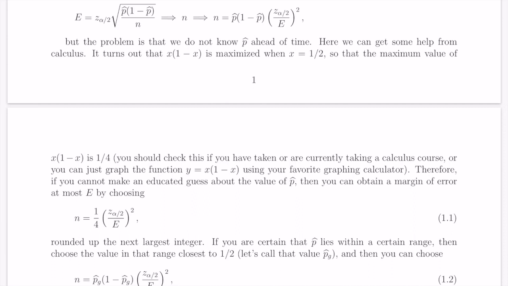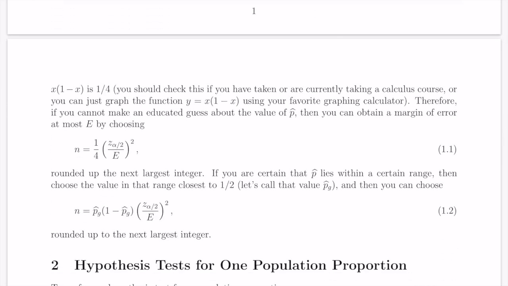If we know that the sample proportion is probably going to lie within a certain range, then what we can do is pick the value in that range closest to 1/2. So, for example, if I know that p hat is going to be between, say, 0.3 and 0.8, then our guess, this g, by the way, stands for guess, we would choose the value in that range closest to 0.5.